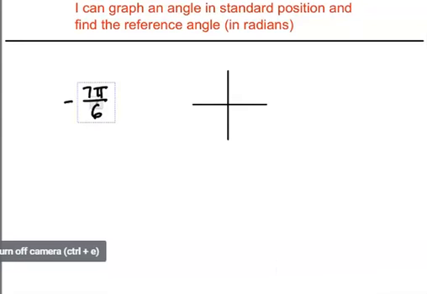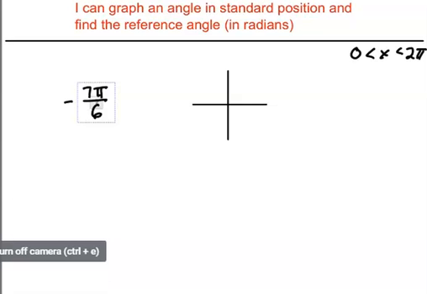We'll look at another one here where it's a negative angle in radians, negative 7 pi over 6. Just like degrees, where we like it between 0 and 360, with radians it's probably easier if it's between 0 and 2 pi. So if I have a negative, I want to add a full circle.